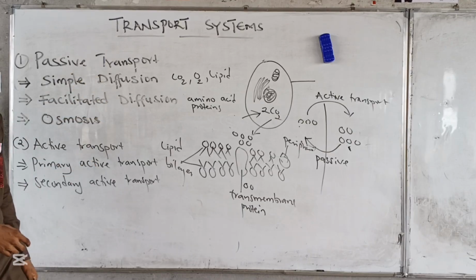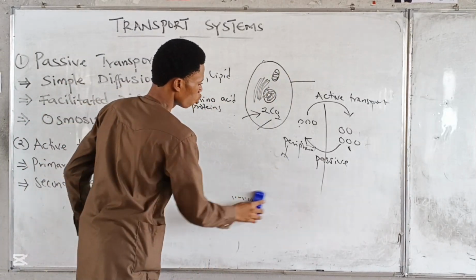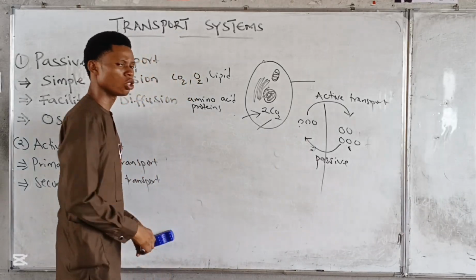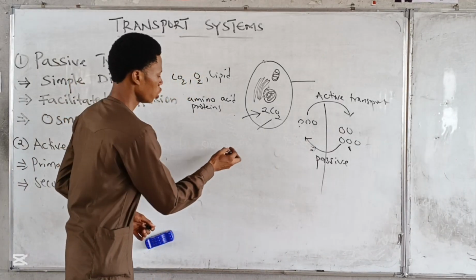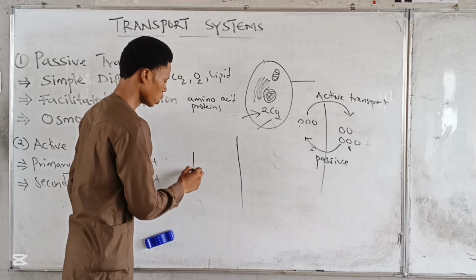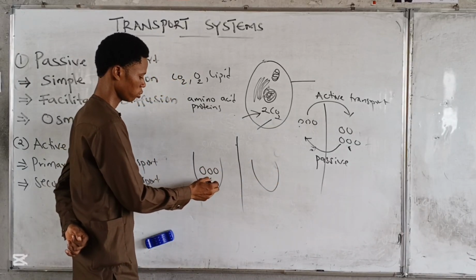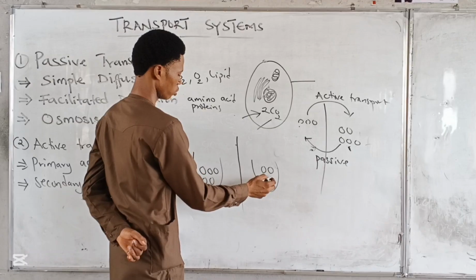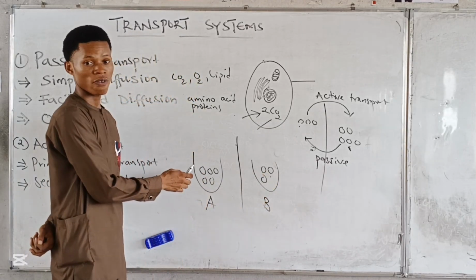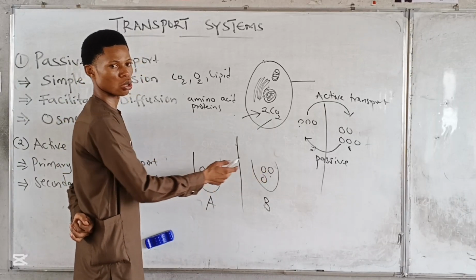Okay, the next thing is osmosis. Now, in secondary school, we're given two definitions of osmosis, or you get confused about the meaning of osmosis. There are two definitions of osmosis, and they are both correct. Now, let's look at these two cases. This is A, this is B. I have 5 cubes of sugar here, and I have 3 cubes of sugar here.